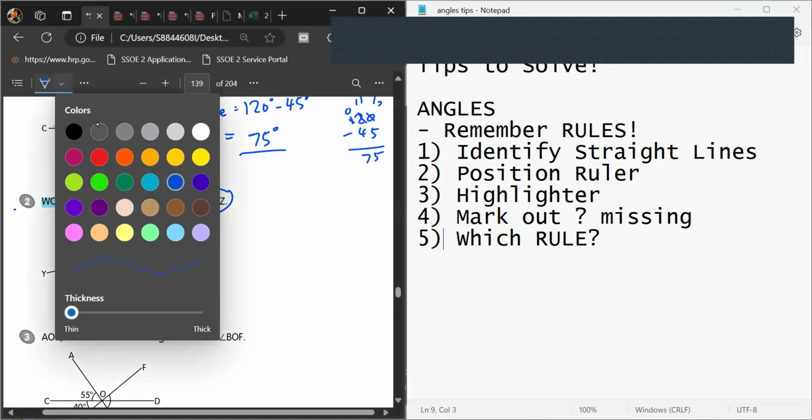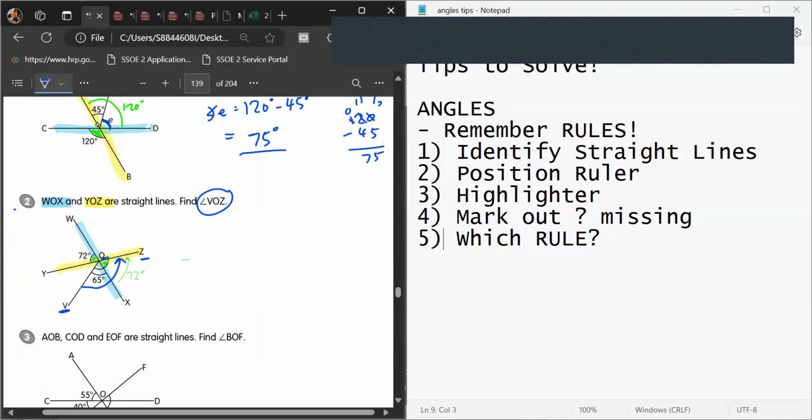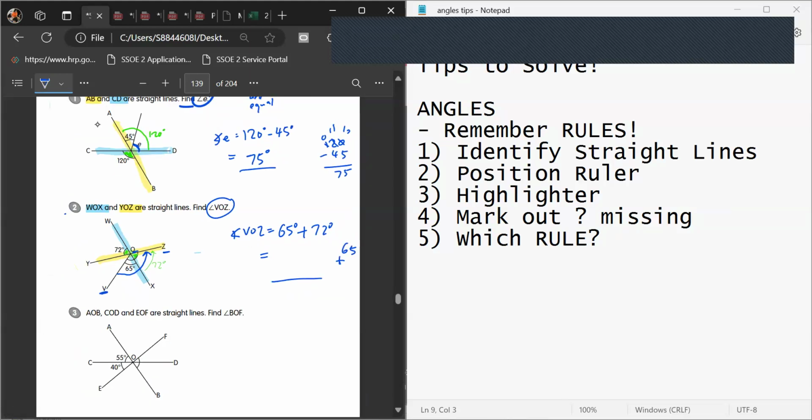Is it okay? It's just gotten a bit more challenging, but still manageable. So you have angle VOZ equals 65 degrees plus 72 degrees. If you need to, do the working at the side and do the regrouping as needed.